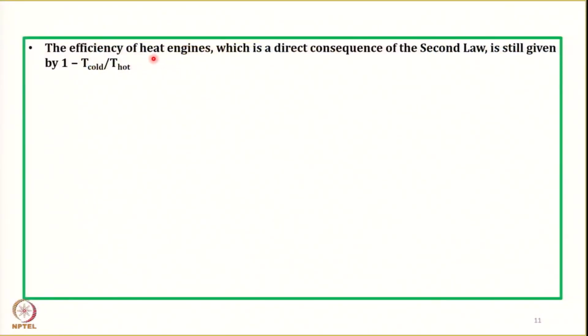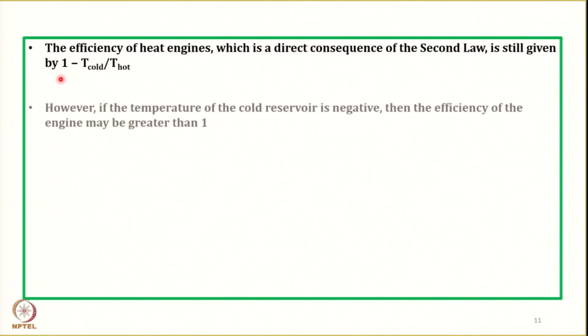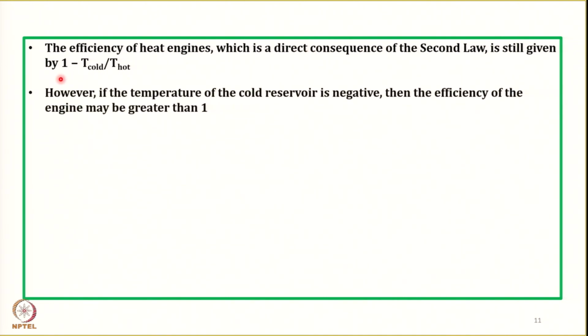Recall the second law of thermodynamics. The efficiency of heat engines, which of course is a direct consequence of the second law, is given by 1 minus T cold by T hot. Fine. That means if the temperature of the cold reservoir is negative, if T is negative, then this negative becomes plus.